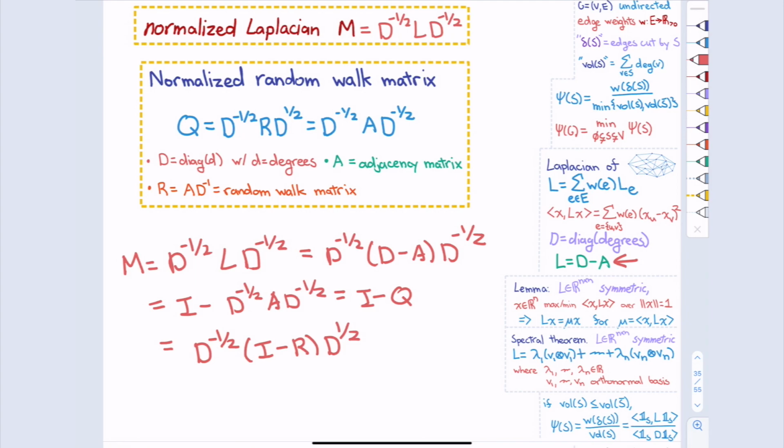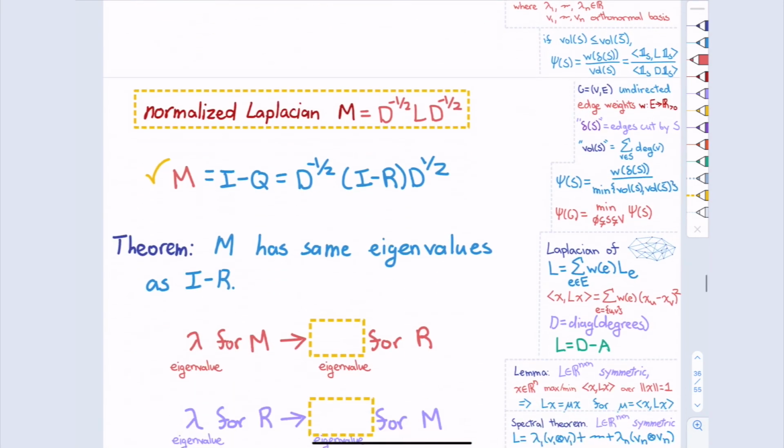So there's something structurally very similar about these two objects. Some normalized version of the Laplacian and something that's basically the random walk matrix, right? Like doing I minus r, you can reverse engineer and figure out r. I is sort of benign.